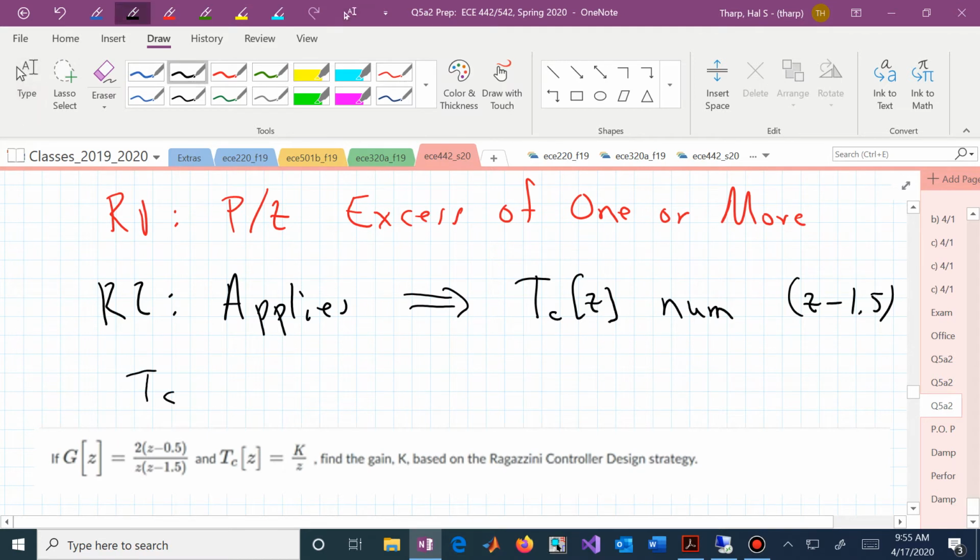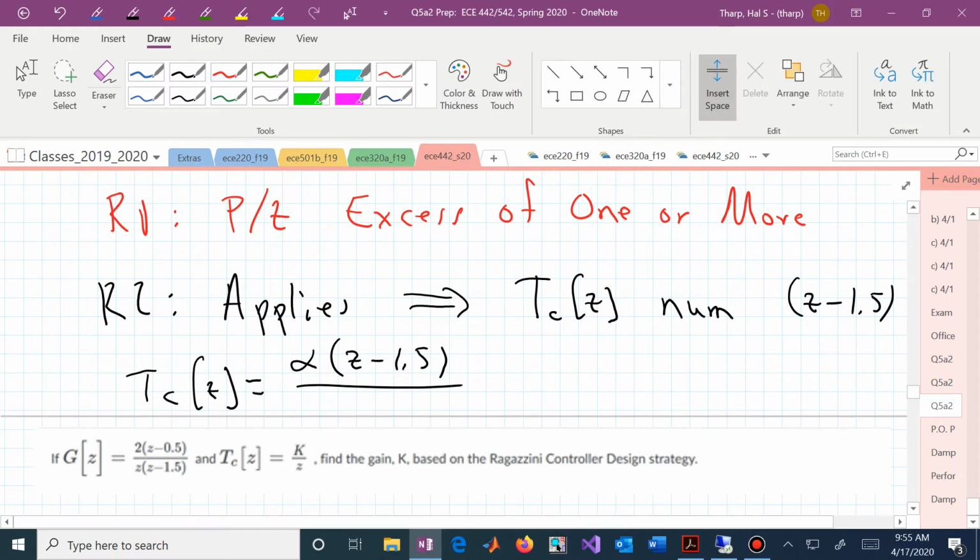So that now we know that T sub C of Z is equal to some alpha times Z minus 1.5, and what else do we need? Or what were we given?